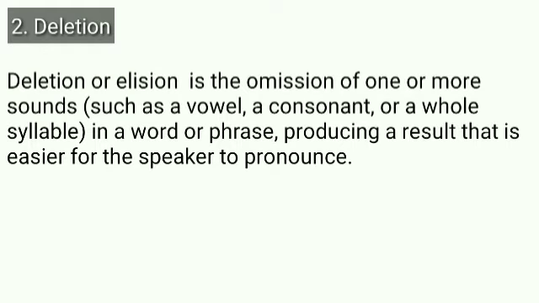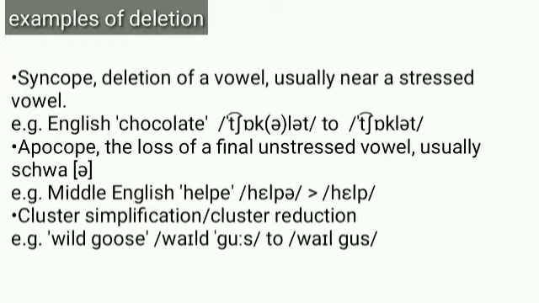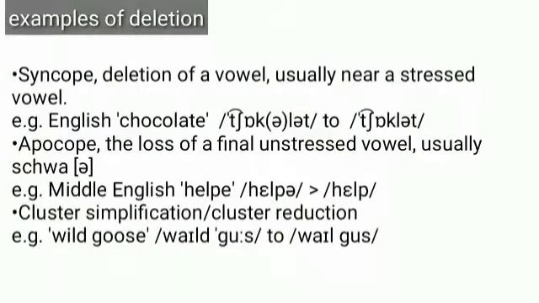Deletions or elisions are the omissions of one or more sounds, such as a vowel, consonant, or syllable, in a word or phrase, producing a result that is easier for the speaker to pronounce. There are several examples of deletions.